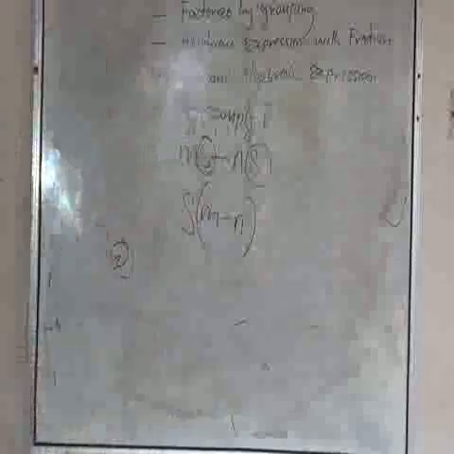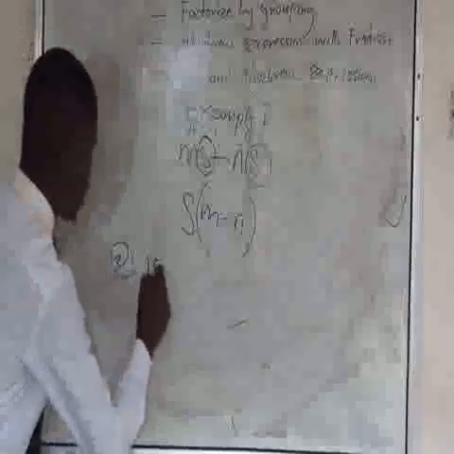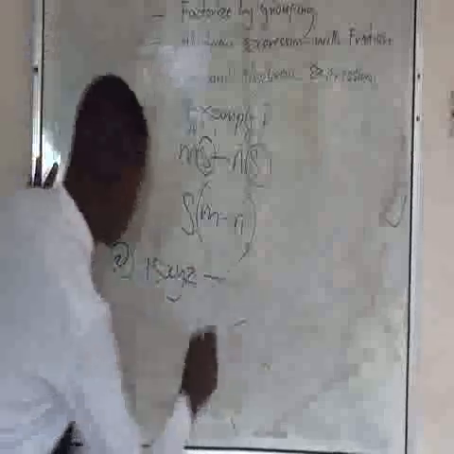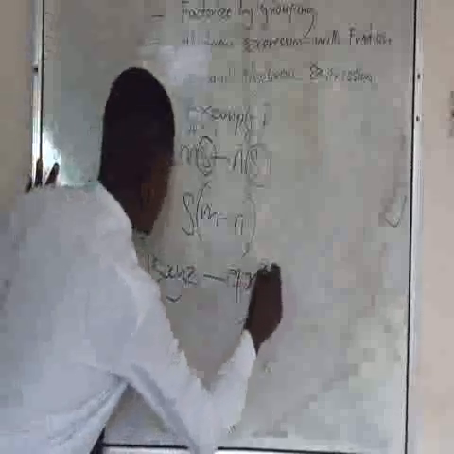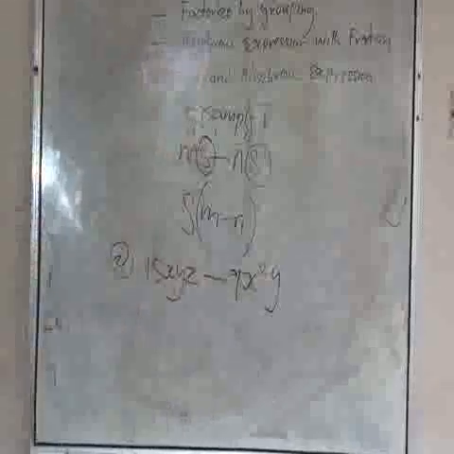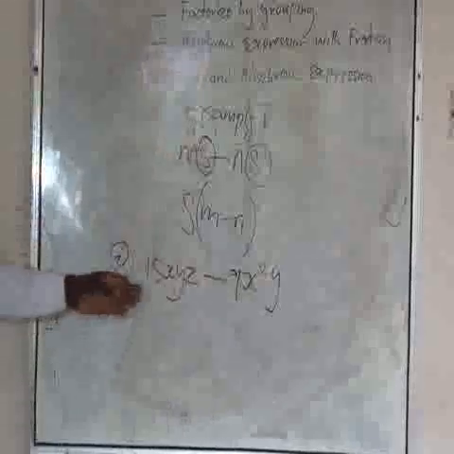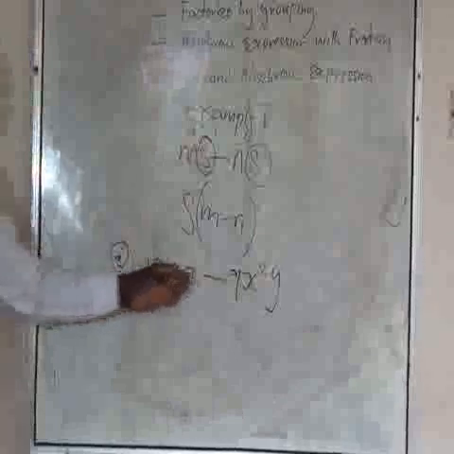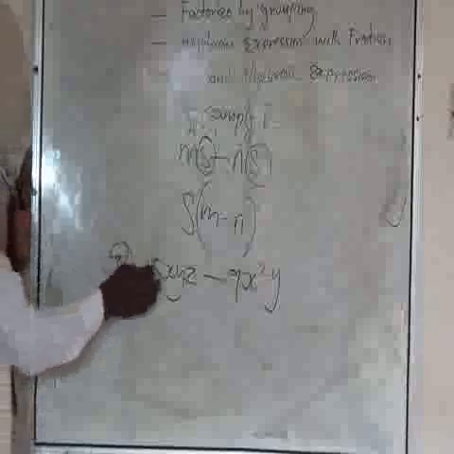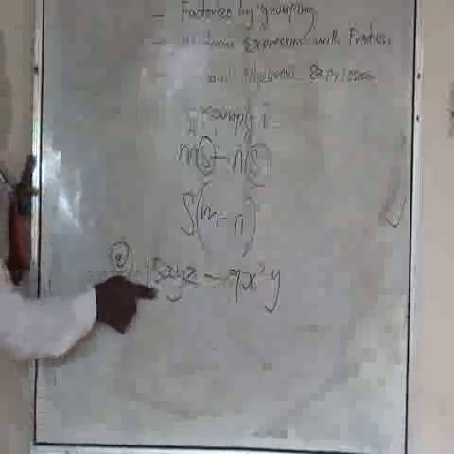Example 2: you have 15xyz minus 9x squared y. What do we do here? We need to find the factors of 15 and 9, or we look for a number that can divide 15 and 9. You see that 3 can divide 15 and also divide 9.